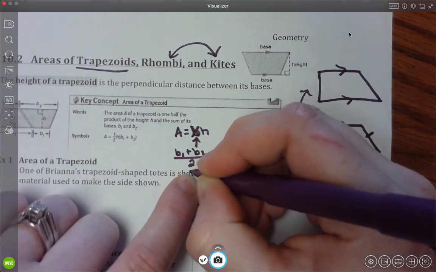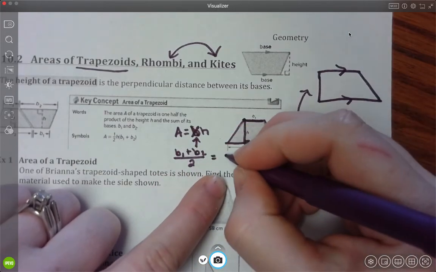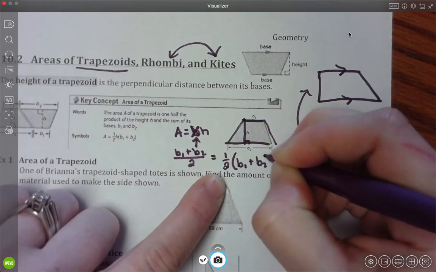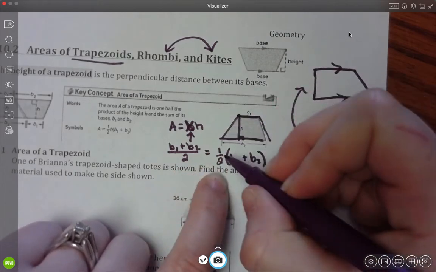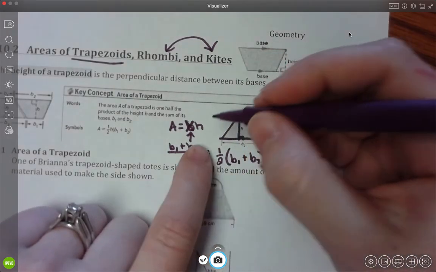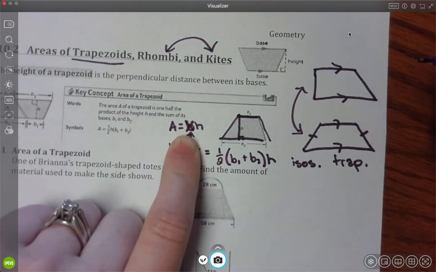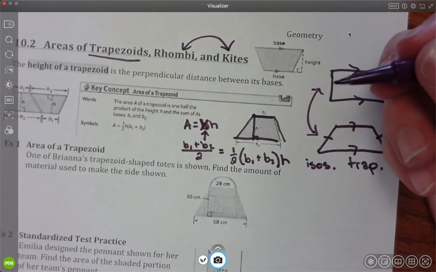Another way of writing that is 1/2 of base 1 plus base 2. That's going to be my base now, and then I just need to multiply that by my height, okay? So it's like taking the average of the two bases instead of just base times height.